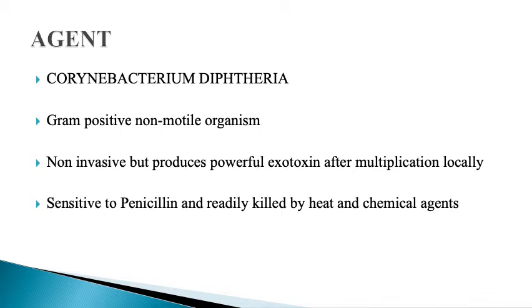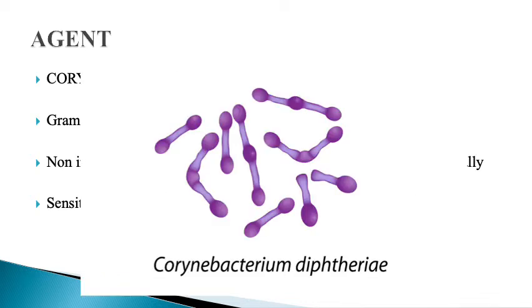This exotoxin is responsible for the formation of false membrane, marked congestion, and enlargement of regional lymph nodes. The bacteria is sensitive to penicillin and is readily killed by heat and chemical agents. This is a picture which shows Corynebacterium diphtheriae.